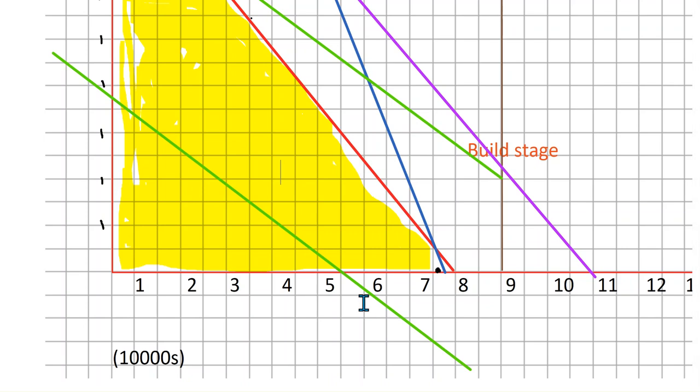Expand it as much as you can, but focus on the corners here.